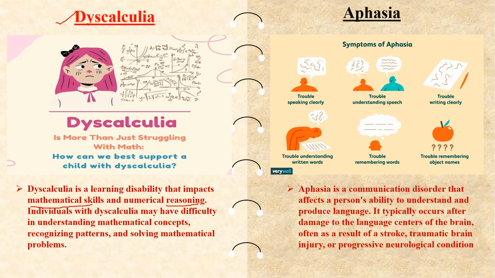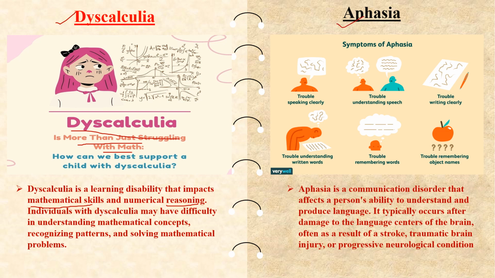Dyscalculia is more than just struggling with math. Here a child cannot understand how to solve mathematical problems or reasoning questions. He will face difficulty in that. The next is about aphasia.